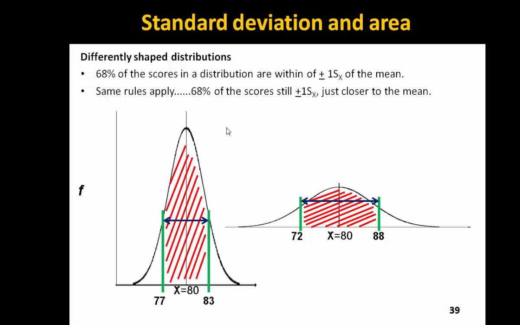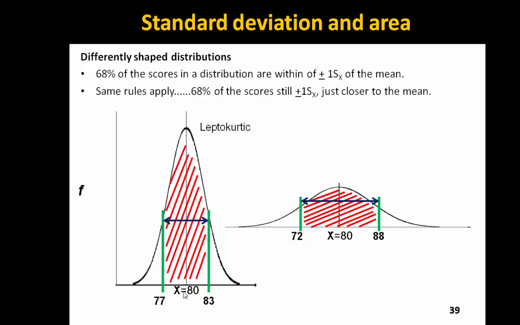If we begin by taking a look at a leptokurtic distribution, this is still symmetrical. It still follows the same pattern as we observed on slide 38 with the normal distribution. It's just that the scores are more concentrated towards the mean. And if the scores are more concentrated towards the mean, then the actual values of the standard deviation will also be closer to the mean.